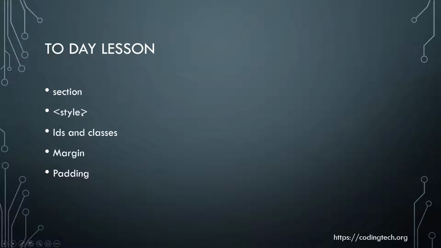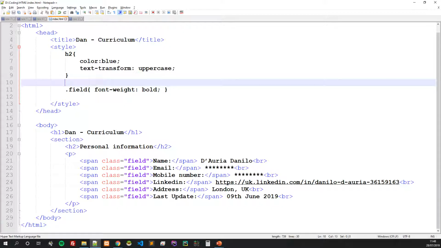We'll be using the style tags. The important thing is using IDs and classes to reuse part of the style you want to apply, not writing the same style many times, but writing it once and applying the class or the ID where it's needed. And we discussed margin and padding.